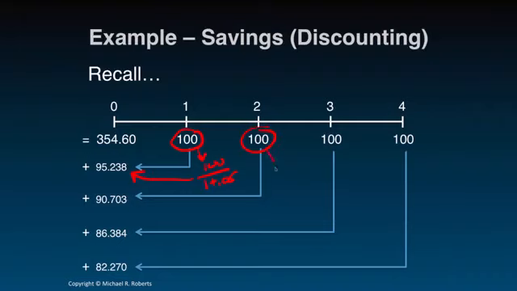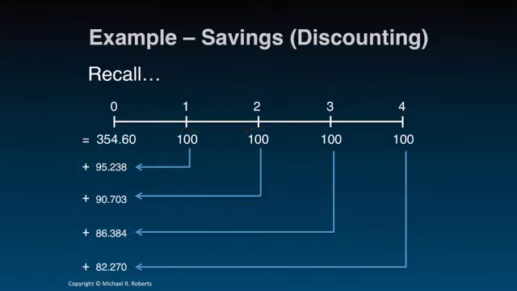Then we took the second cash flow, 100 divided by 1 plus 0.05 squared. And that got us the second present value, and so on, and then we could add these because they're all in the same time 0 units, and that produced our answer of $354.60.